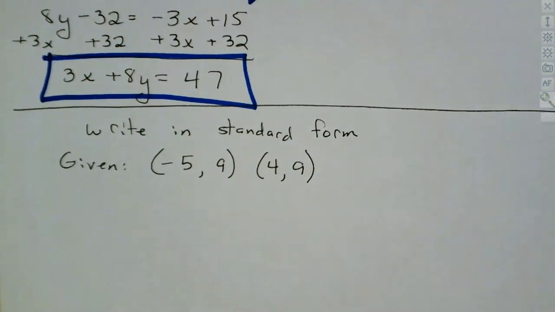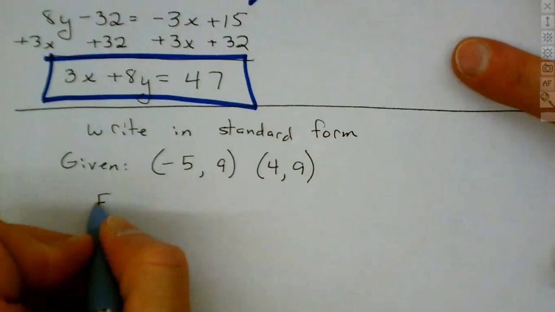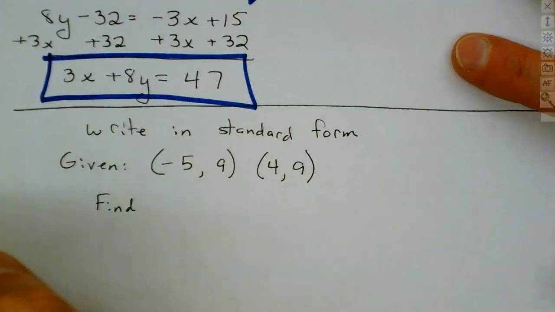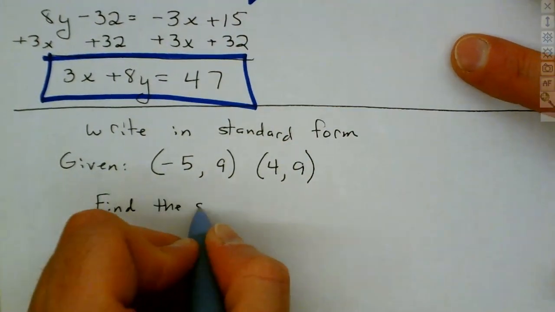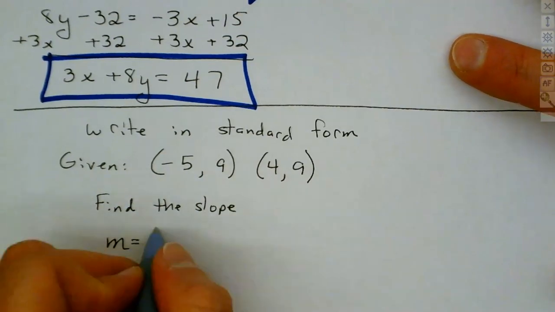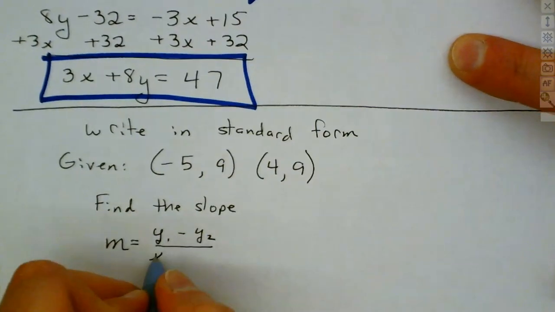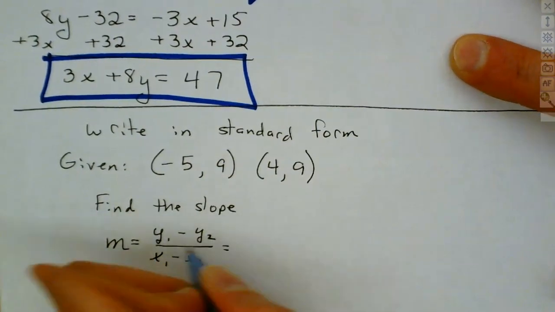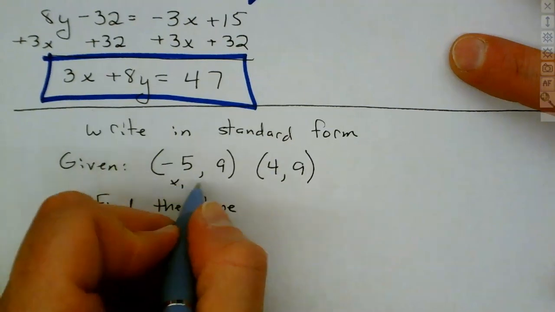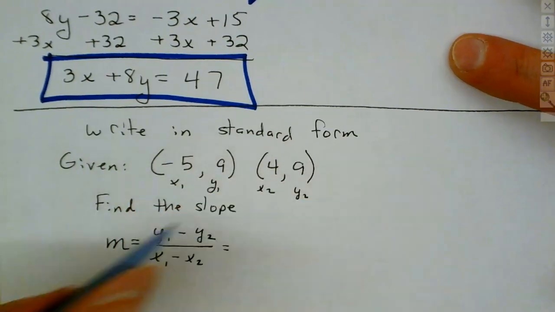And this one's a little bit different because we don't have to do a lot of work here. Let's first find our slope. So that's the first thing we're going to do. Whenever you're given 2 points, you're going to find the slope. And that's y1 minus y2 over x1 minus x2.